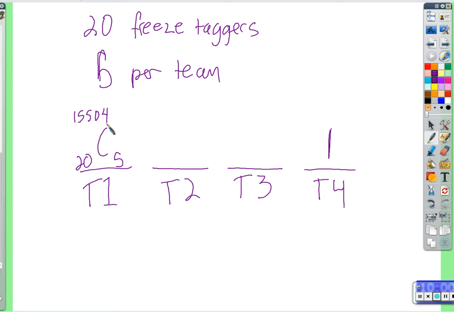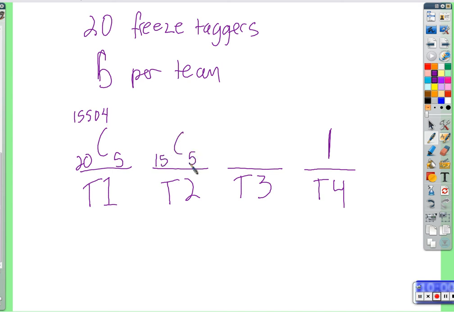Team number 2 is a little bit different. How many ways are there to pick team number 2, given that some people are already picked? Would it be 20C4? Well, 20C4 would be making a team of 4 people from 20 people. It's 15C5. Now we have a pool of 15 people, but still we're picking 5 out of the 15.